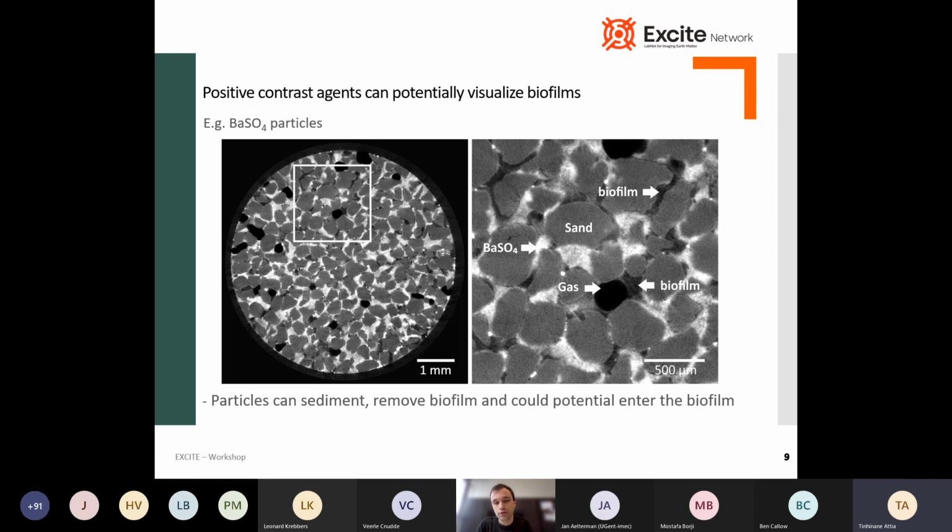But the most important downside of working with positive contrast agents is that you're not working with water anymore. So what I mean is you cannot, for example, now study how the biofilms affect water transport, because this barium sulfate solution is very far from water, let's say.